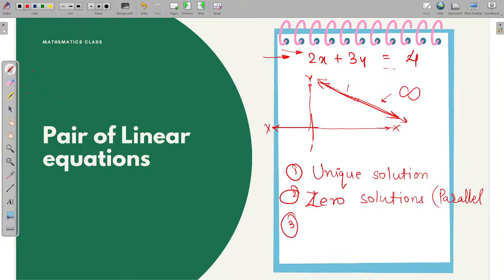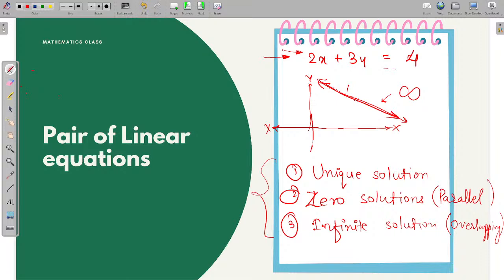Or the third type is infinite solutions, and infinite solutions is when they are overlapping, right? Now how to recognize which pair of linear equations will have which type of solution?